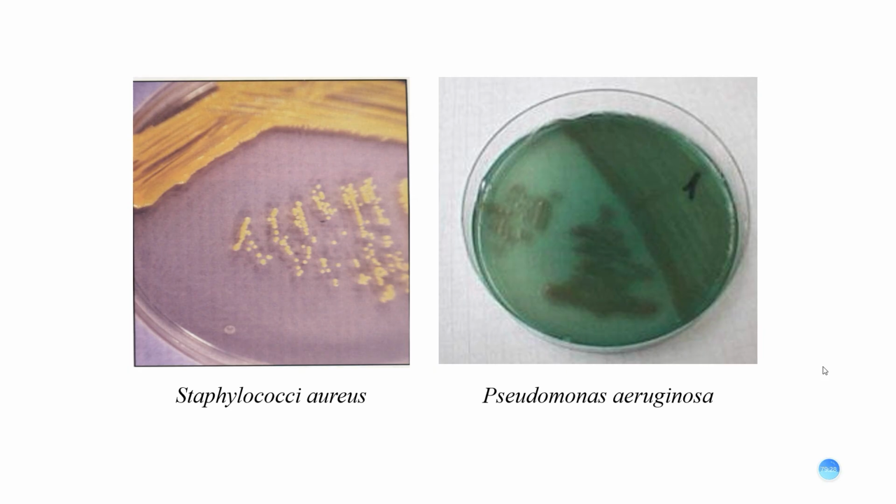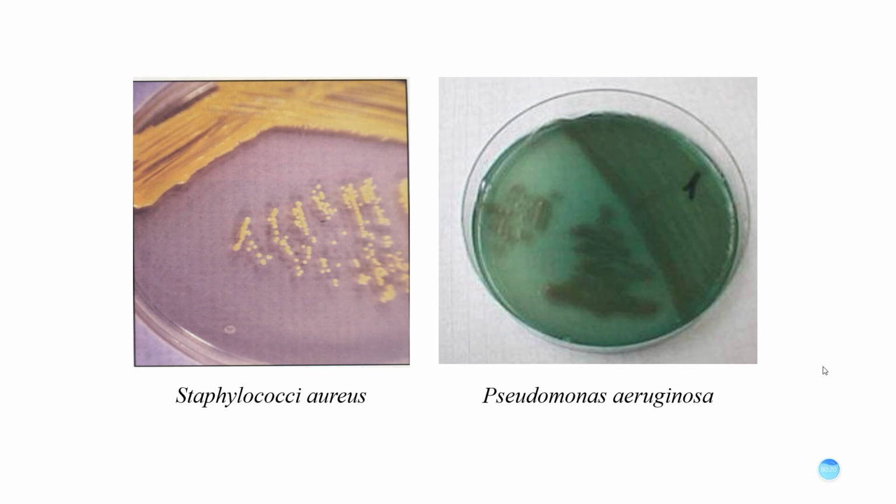Another example is the water-soluble pigment produced by Pseudomonas aeruginosa. This pigment is a greenish color, but it's water-soluble. Water-soluble means that it can diffuse in the medium. And when you culture the bacteria, the bacteria would produce a lot of pigment, and that pigment would stain the whole plate green.